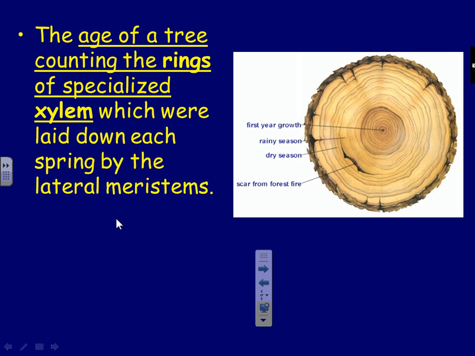But that doesn't tell us about the specialized xylem being what we're counting. It's a true statement. Yeah, I think I deleted something away there to make it shorter, and then in the end, it made it bad English.